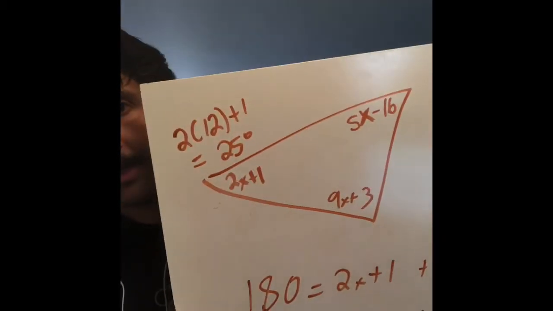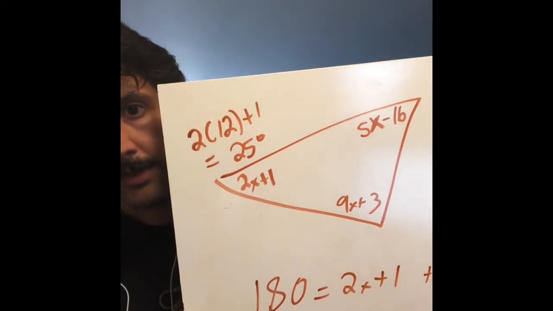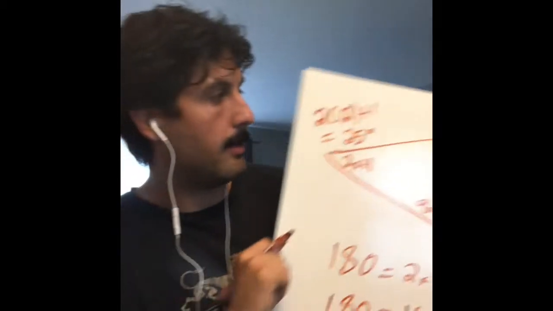So I'm subbing it in. 2 times 12 plus 1. And 5 times 12 minus 16 is 60 minus 16, which is equal to 44.